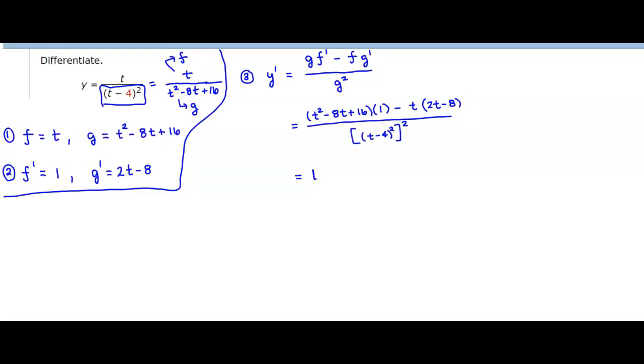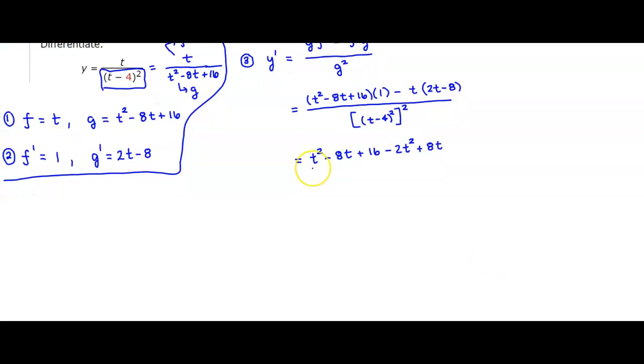So we have t squared minus 8t plus 16 minus 2t squared plus 8t. And so therefore, in the denominator, we're going to have the exponent 2 times 2. So we're going to have t minus 4 to the 4th power.